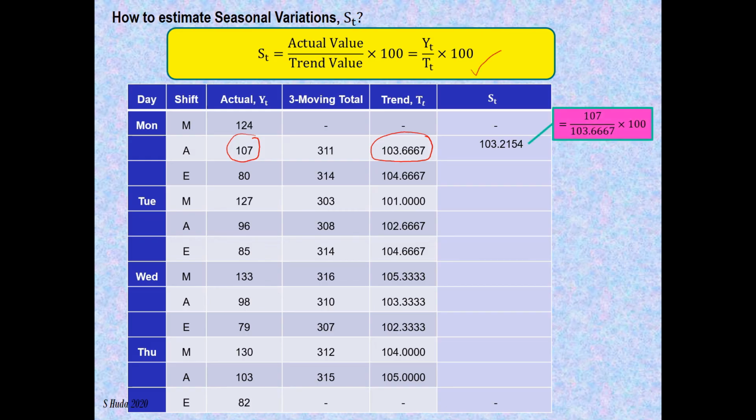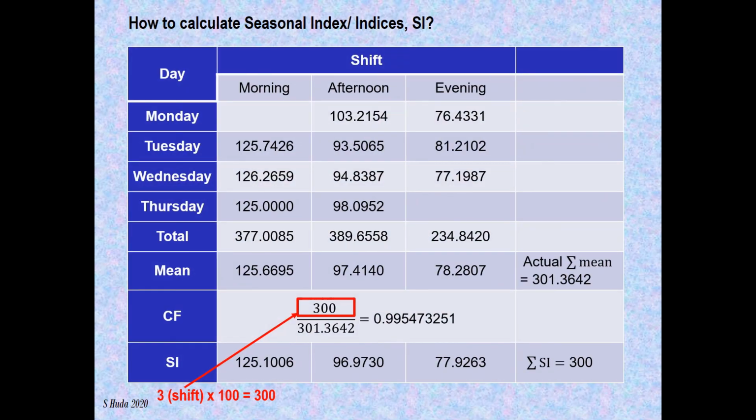Like that. Then, you will get the first seasonal variation equal to 103.2154. Calculate the rest of the seasonal variation values. So this is step by step how to calculate seasonal index.